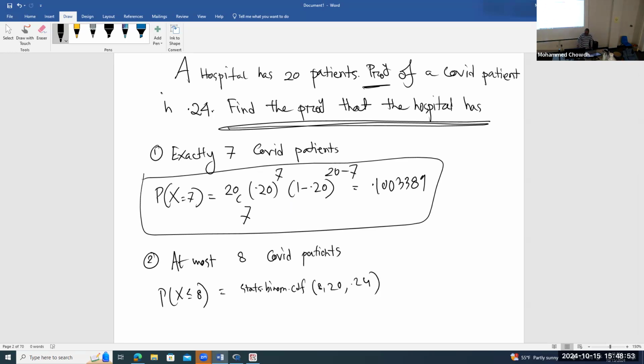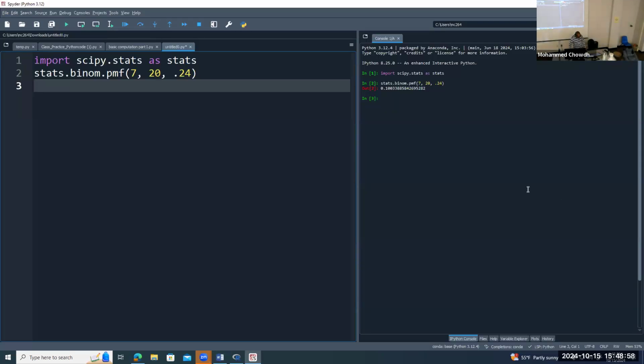That is the answer. Let me see. We need to come here and change it to CDF, and then change 7 to 8, and 20 and 0.24. The answer is 0.96. Okay.